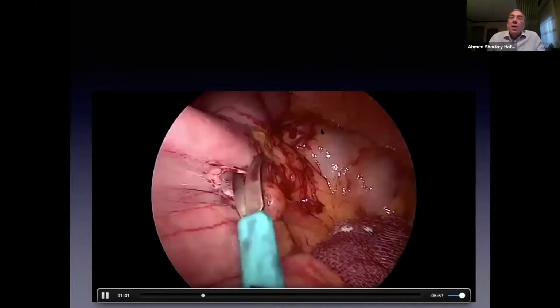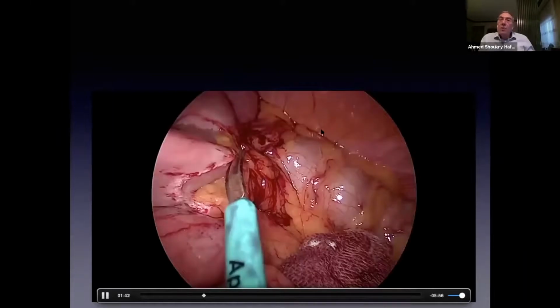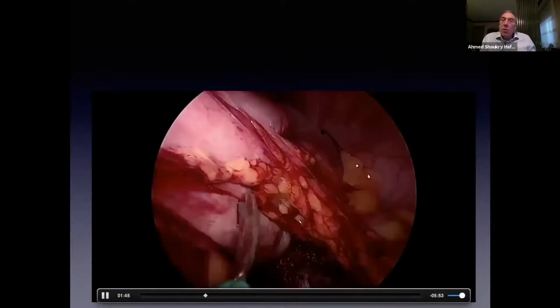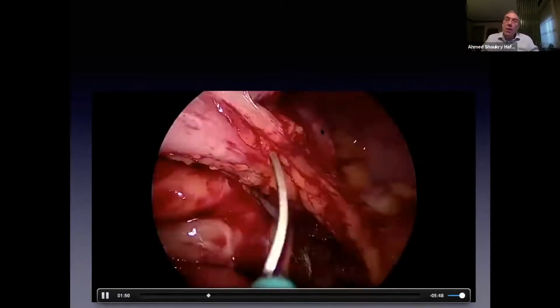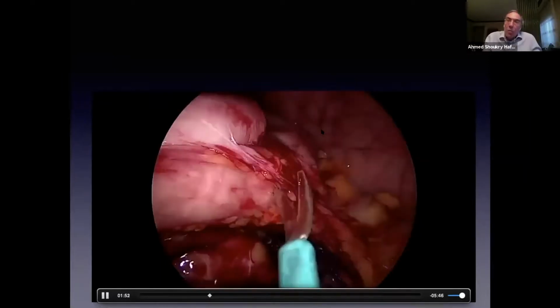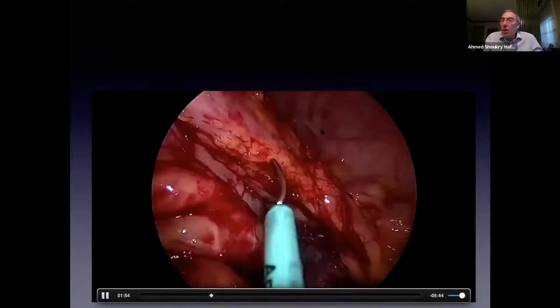And in addition to the risk to vascularity, we also need to liberate the colon all the way up to the transverse colon for it to reach down to do a coloanal anastomosis.